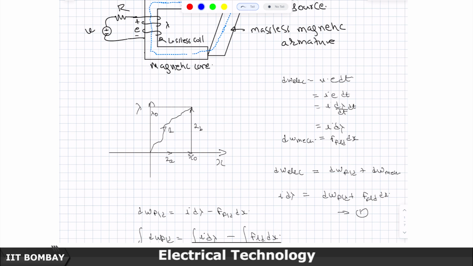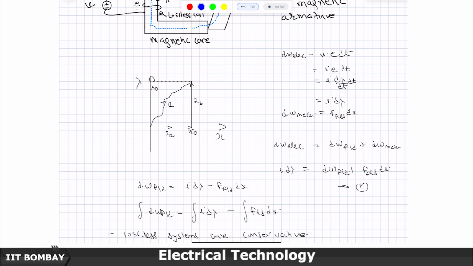So, our equation will be that the electrical energy which we are pushing in is partly used to do mechanical work. We are looking at it as if it is a motor. So, partly it goes to do mechanical work and partly it goes to increase the stored field energy dW field.